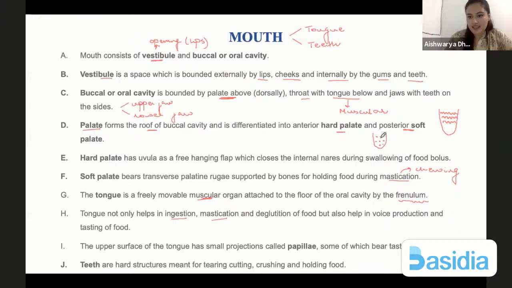So these things are called papillae. The upper surface of the tongue has small projections which are known as papillae, and some of these papillae will bear the taste buds.